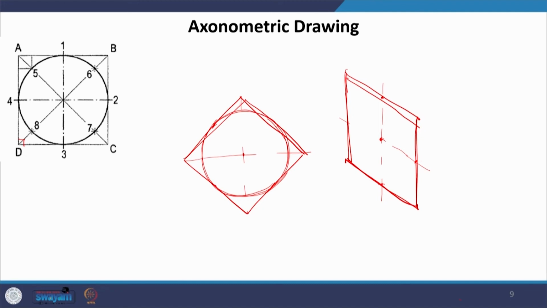So, what you will probably get when you use the same isometric projections is approximately this.